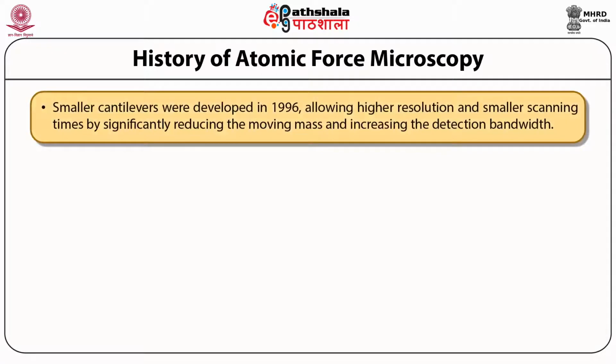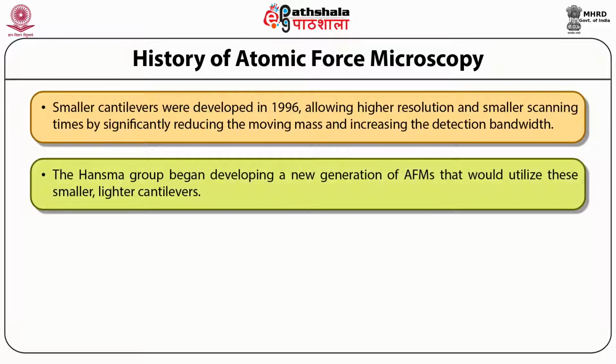Smaller cantilevers were developed in 1996, allowing higher resolution and shorter scanning time by significantly reducing the moving mass and increasing the detection bandwidth. The Hansma group began developing a new generation of AFMs that would utilize these smaller, lighter cantilevers.